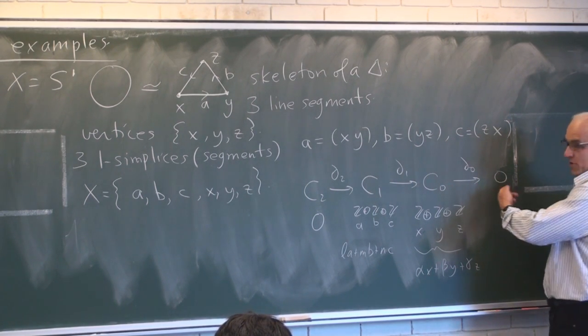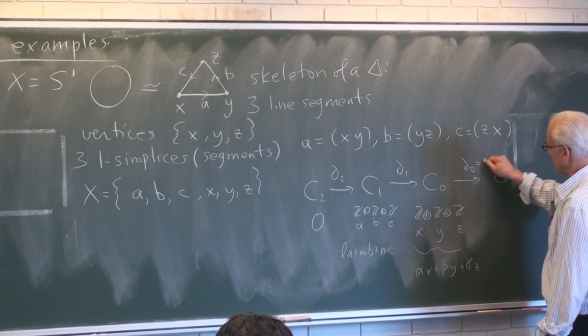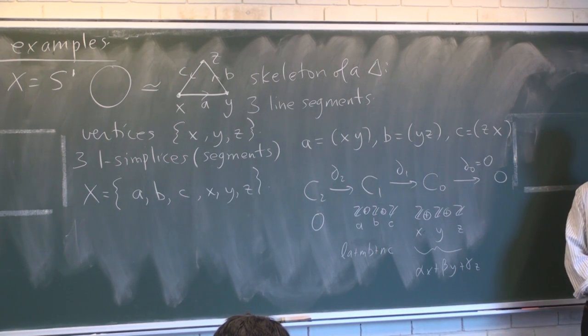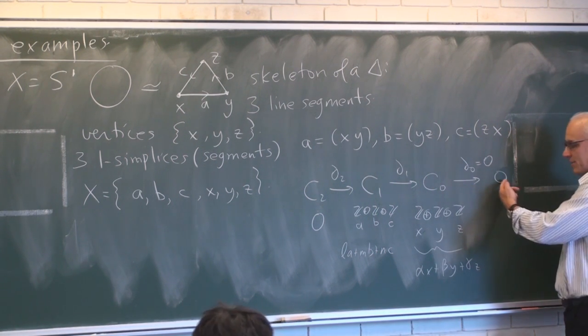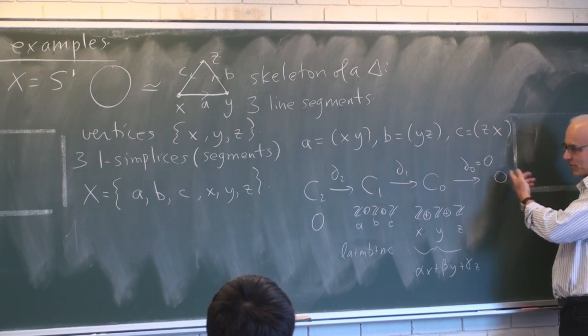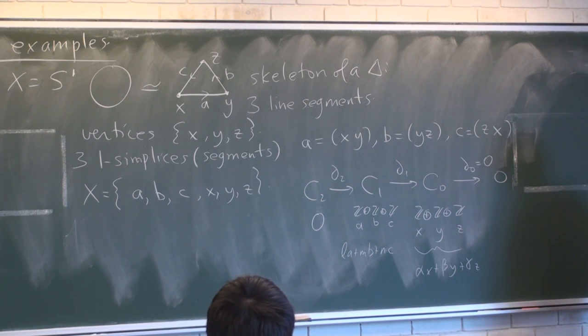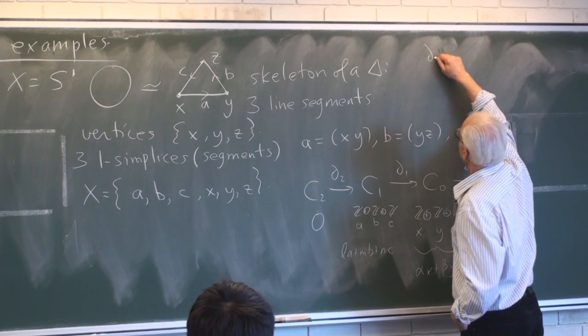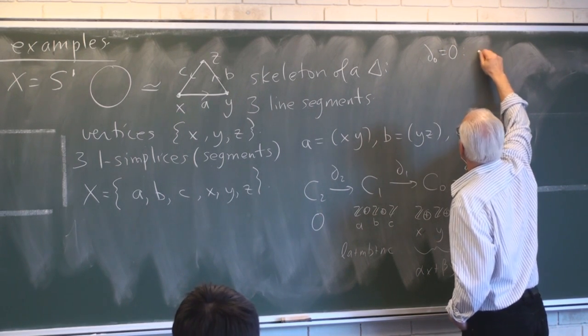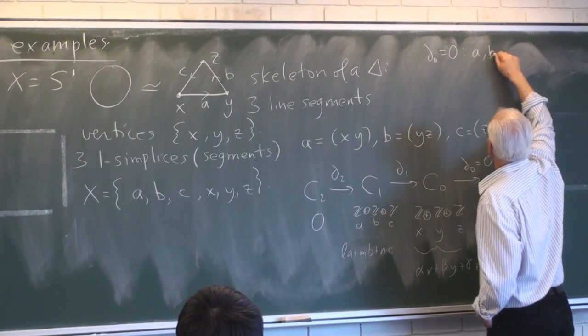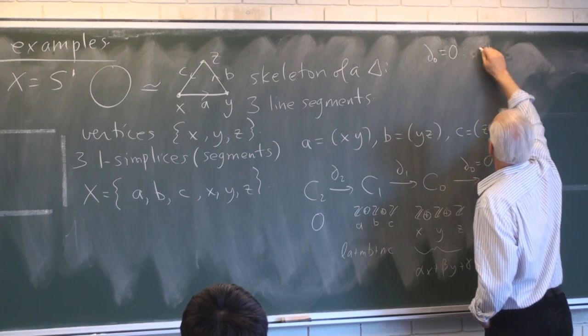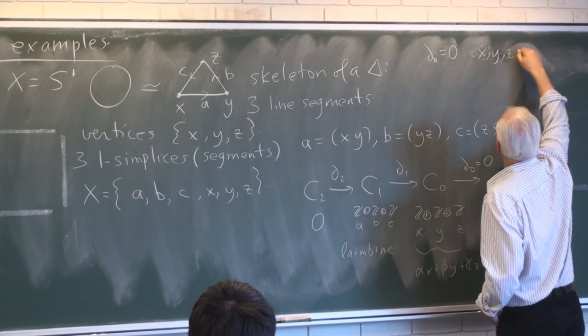The simplest boundary operator is this del0, which is really always the 0 map. So del0 sends everything to 0 because that's what's over here. It's just the 0 group. So we might just mention it: del0 is the 0 map. It sends x, y, and z all to 0.